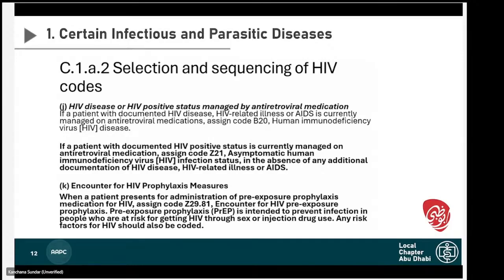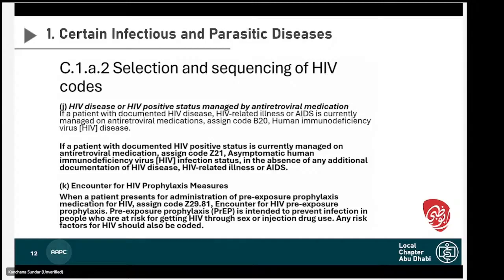And as I told, this K, encounter for HIV prophylaxis measures, is a new one. When a patient presents for the administration of pre-exposure prophylaxis medication, we have a code introduced, that is Z29.81, encounter for HIV pre-exposure prophylaxis.